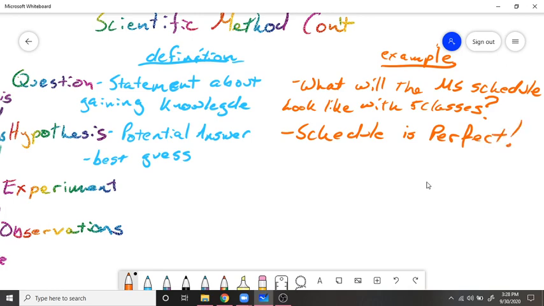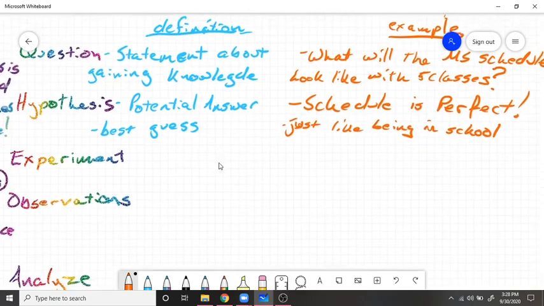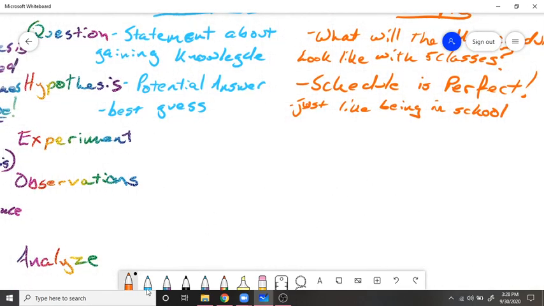And that it was going to be just like being in school in person. How are we going to see if we were right? Well, we're going to do an experiment.